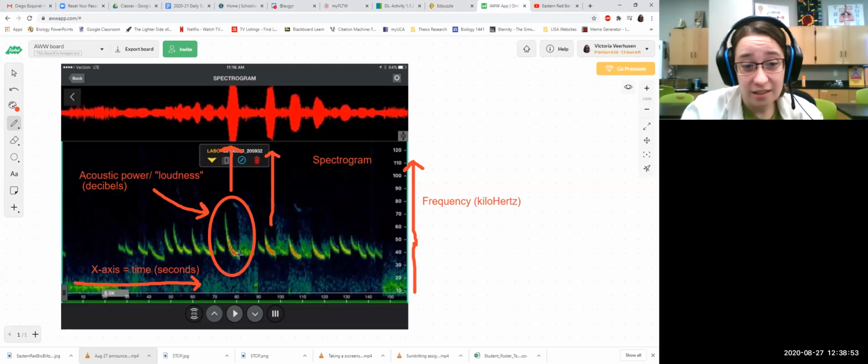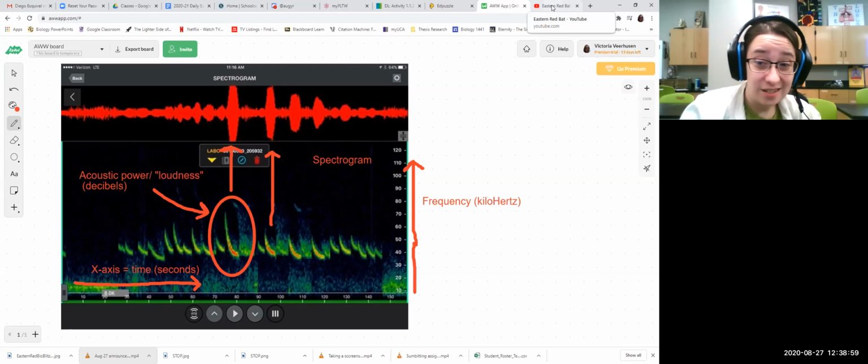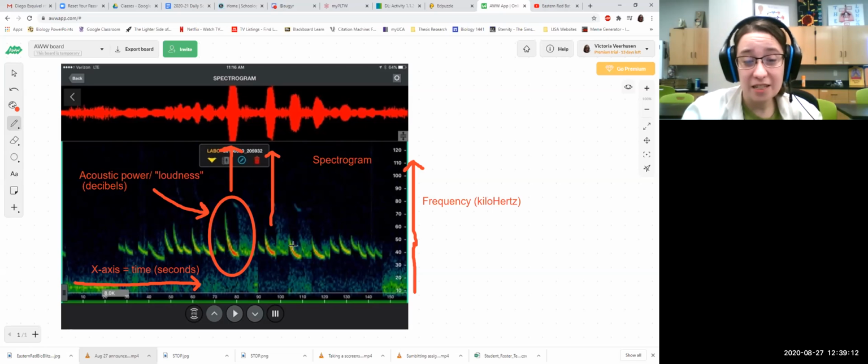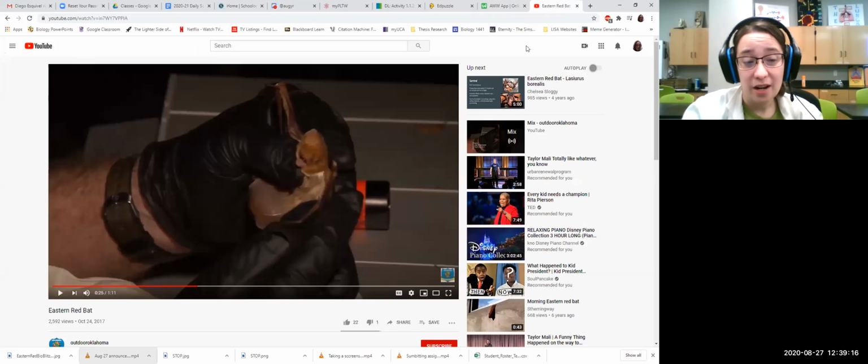So that would be one click, and then they make a series of clicks, and each species has a different number and frequency of clicks. So each species of bat, this graph will look different. So now I'm going to play some more. You will actually start to hear him screeching.